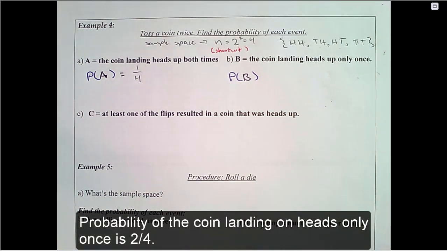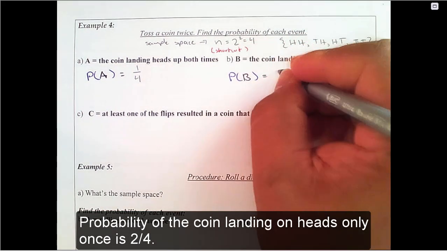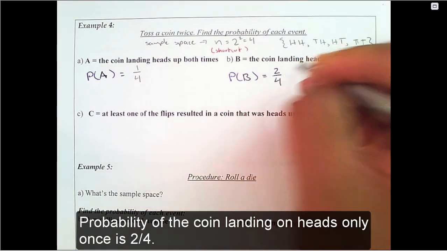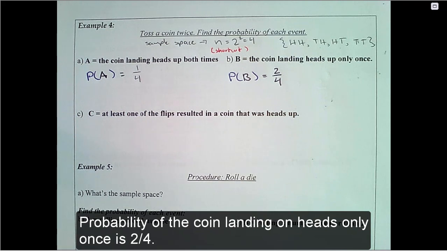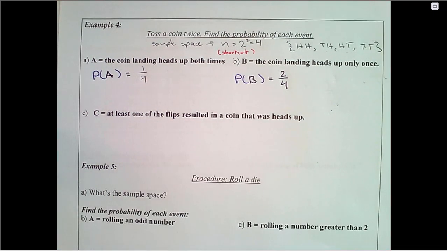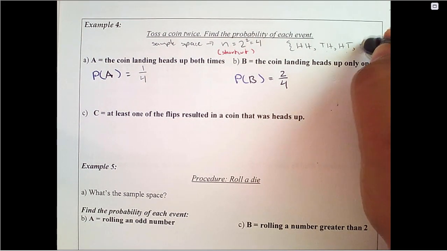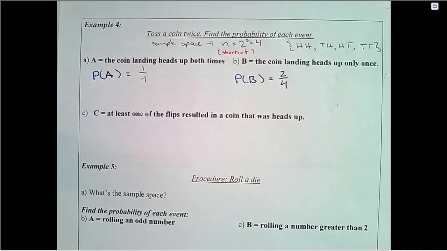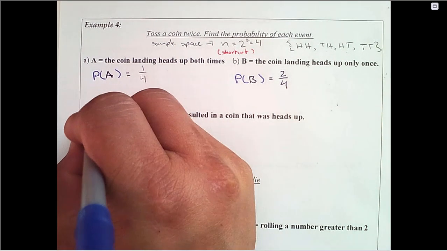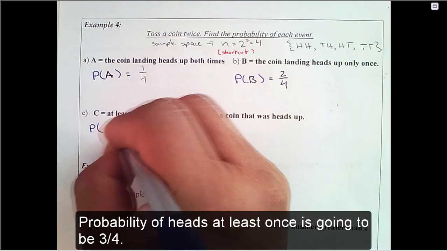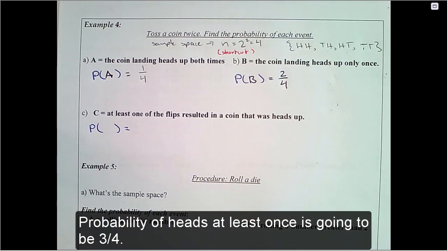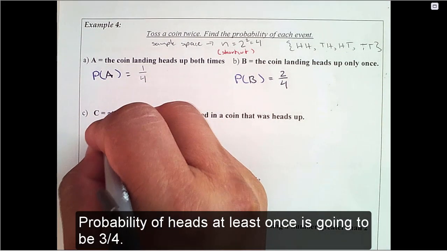Probability of the coin landing on heads only once is 2 out of 4. Probability of heads at least once is going to be 3/4.